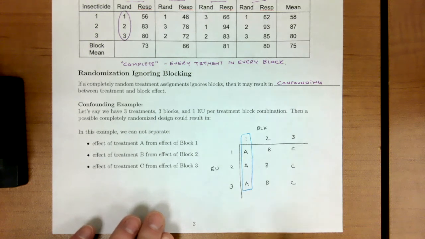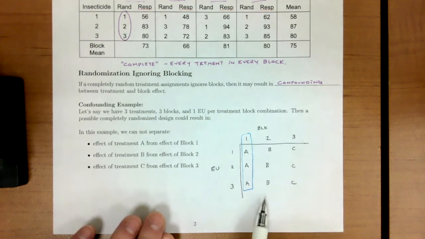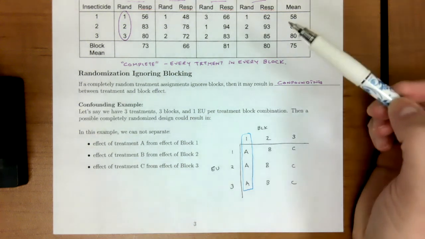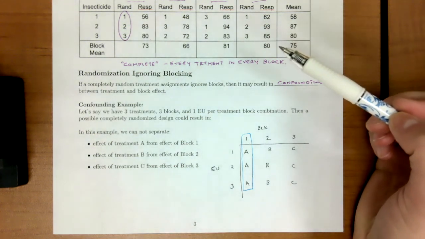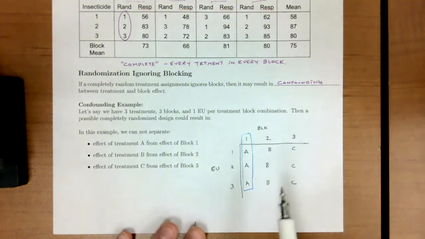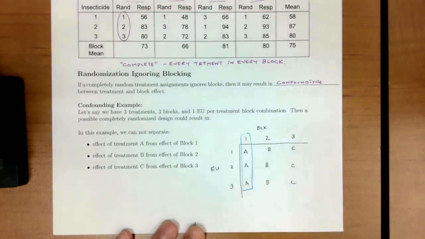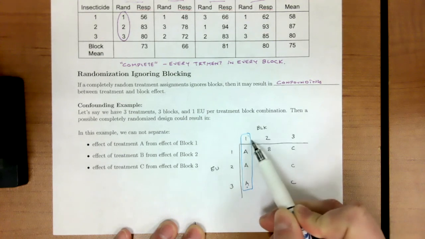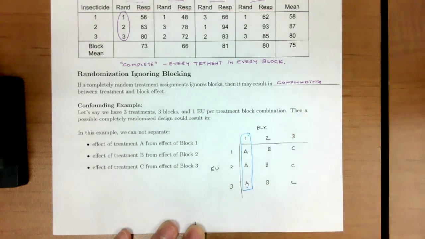So our question now, if we had this type of setup, is it the difference in treatment, or is it the difference in block that is impacting our results? But if we go back to this type of design, we're not going to have that type of question. Okay. So here, this almost non-randomization within block is almost making us question, is it the treatment A, or is it the block that's really causing the difference?